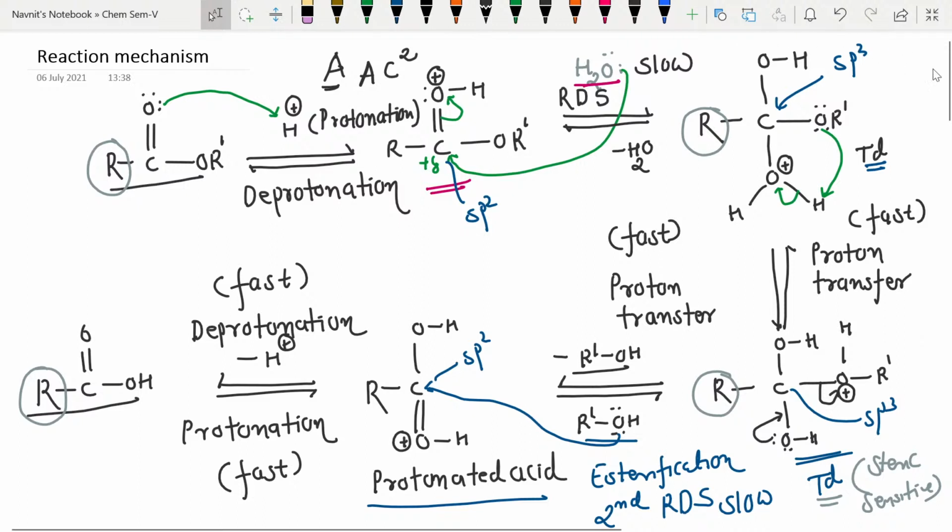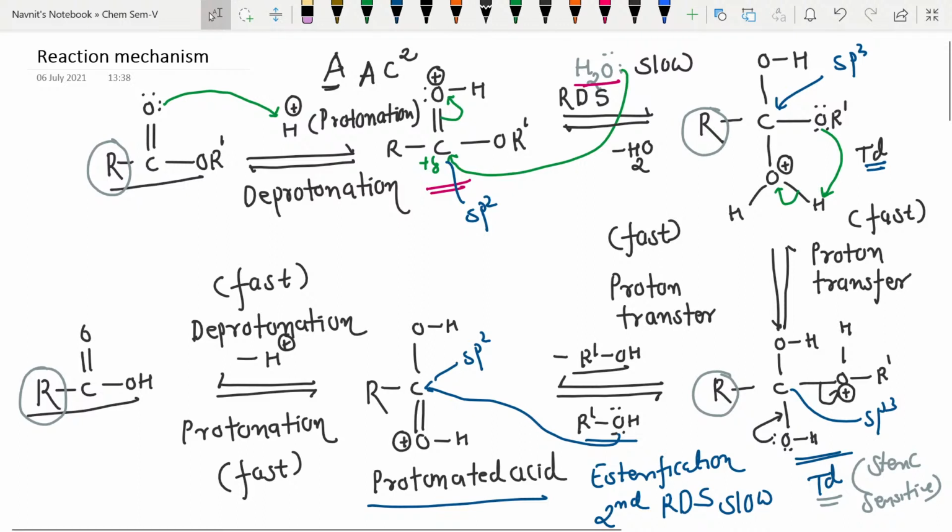Now this tetrahedral intermediate is sterically sensitive, because this carbon, which was earlier sp2 hybridized, is now sp3 hybridized, and an sp3 hybridized carbon is always sterically sensitive. That's why this step is the slow step, and it is the rate determining step.